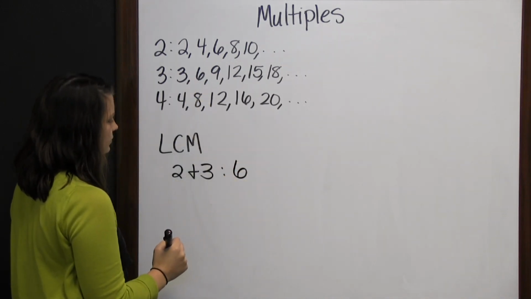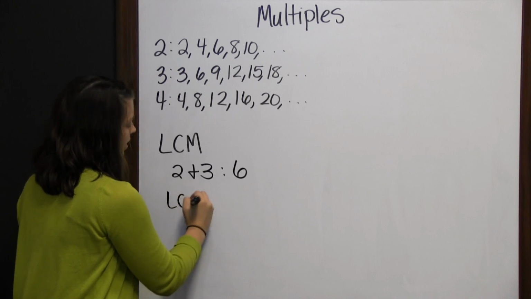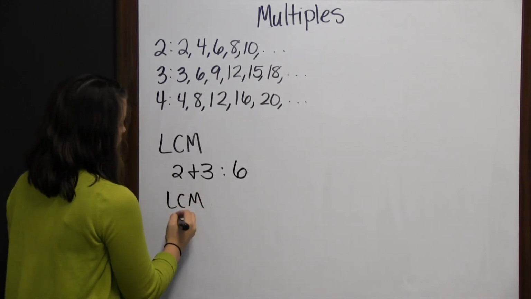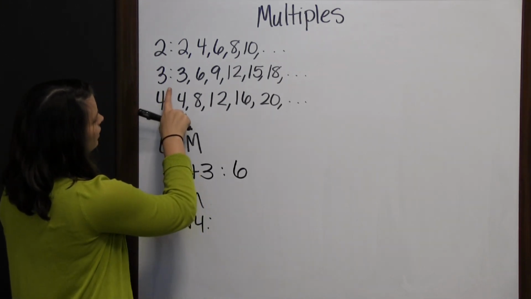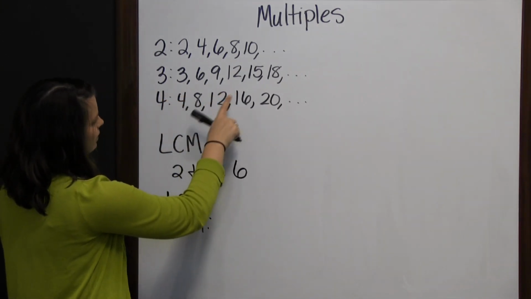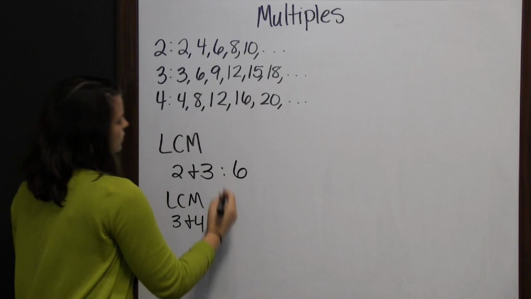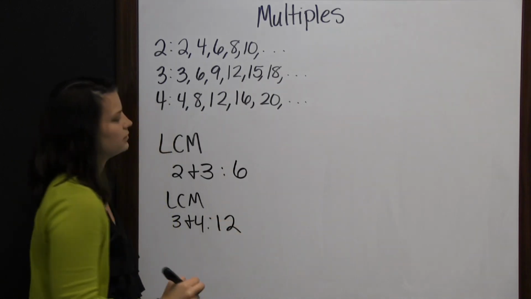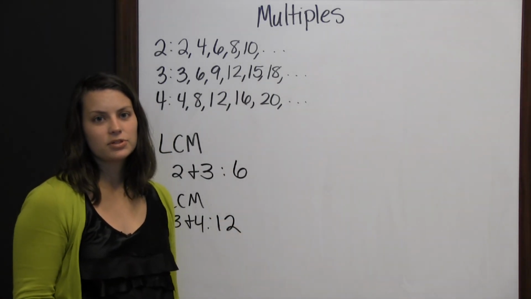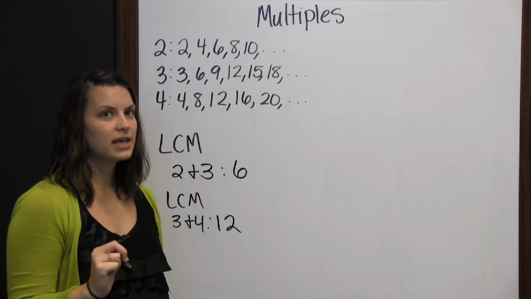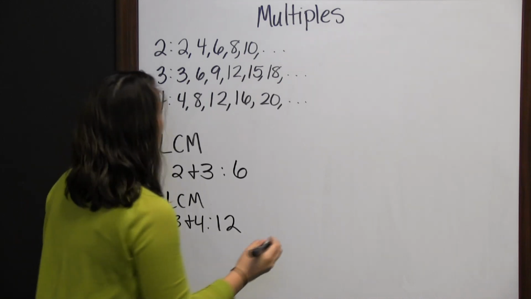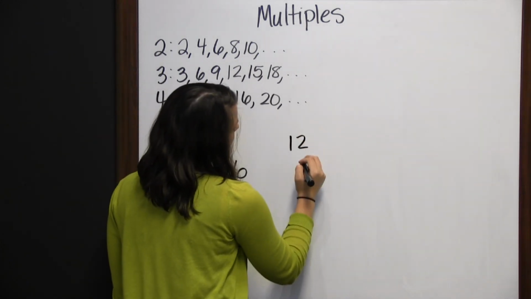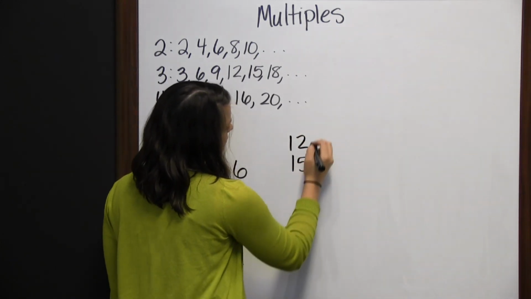2 and 3. The LCM of, say, 3 and 4, the very smallest number that they have in common would be 12. And you can find the least common multiple of bigger numbers, like say the least common multiple of 12 and 15.